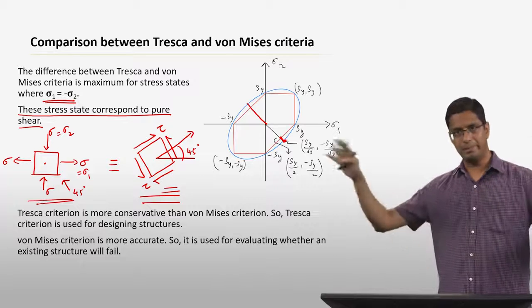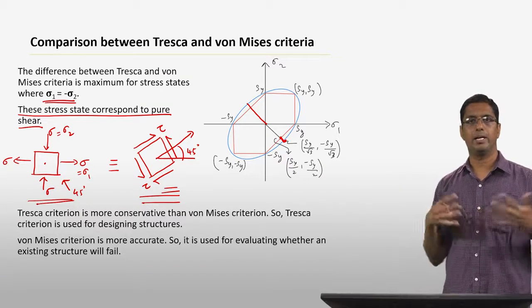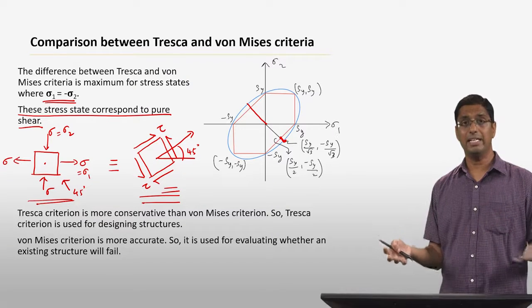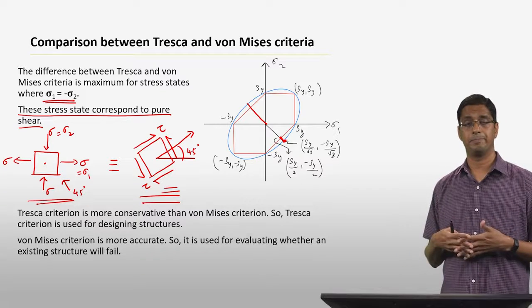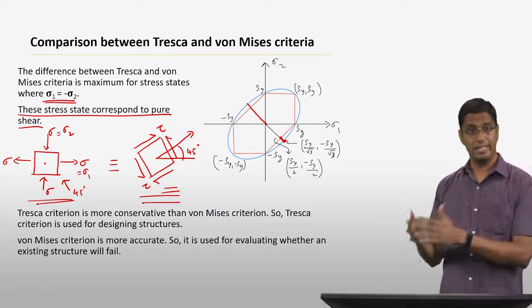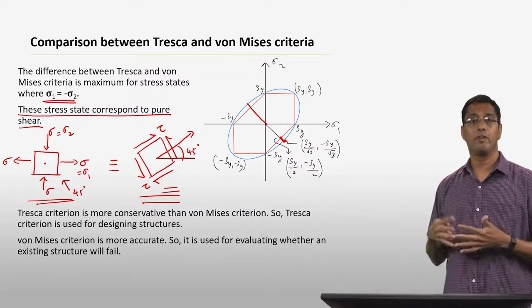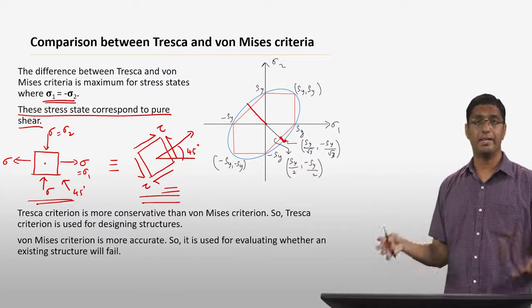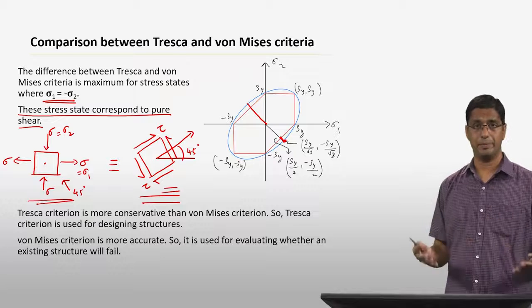So if you already have a beam that is taking some load, and you're worried whether this beam is going to survive or not, whether it's going to yield or not, then you use the von Mises criterion to evaluate that. So for design, you use the Tresca criterion because it is more conservative. For analysis, or figuring out whether something is going to yield or fail, you use the von Mises criterion.